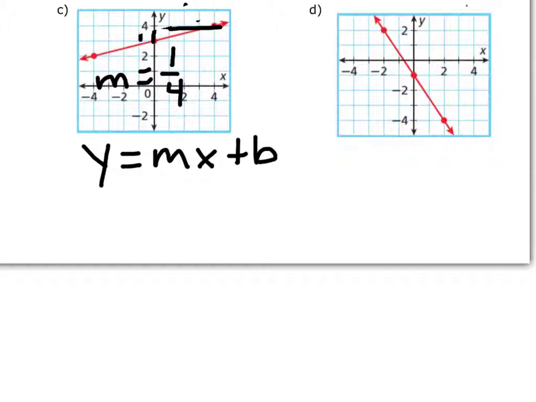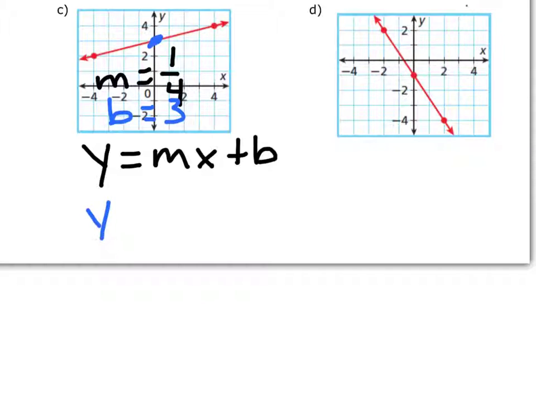Now remember b is the y-intercept, where our line crosses the y-axis. Right here is where the line crosses the y-axis, and that's at positive 3, so b would equal positive 3.